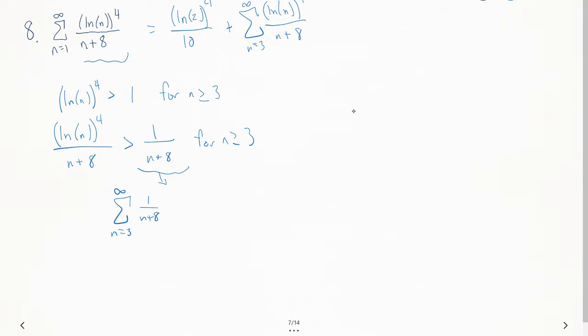Now this is where it gets a little bit tricky. You have a couple methods, and what I would recommend is to use the limit comparison test. So notice the sum n equals 1 to infinity of 1 over n is the divergent harmonic series.